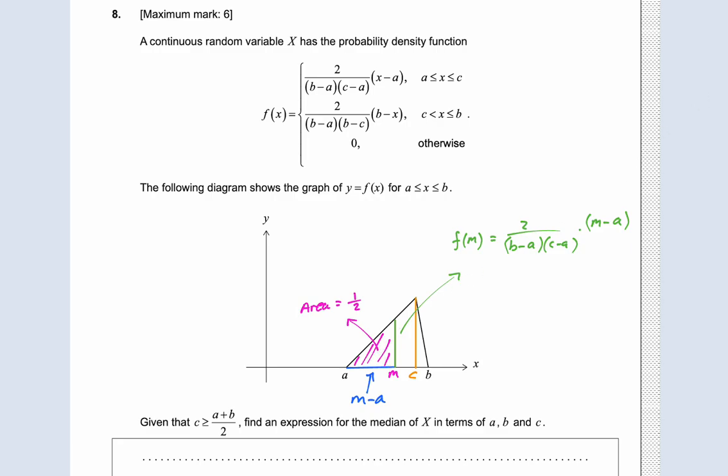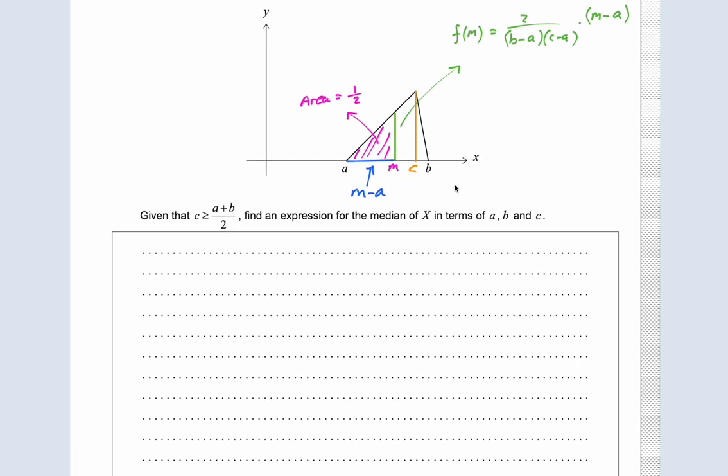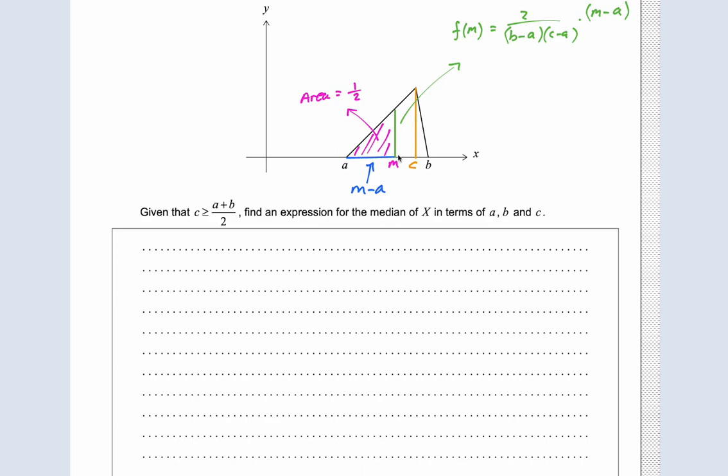So now I think I've turned this into a fairly straightforward question. I just need to say a half base times height. The area of a triangle, by the way, guys, is a half base times height. A half base is m minus a. The height is 2 over (b minus a)(c minus a) times (m minus a).